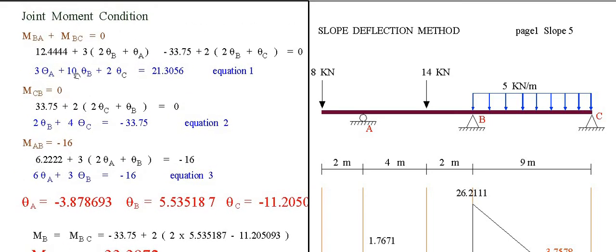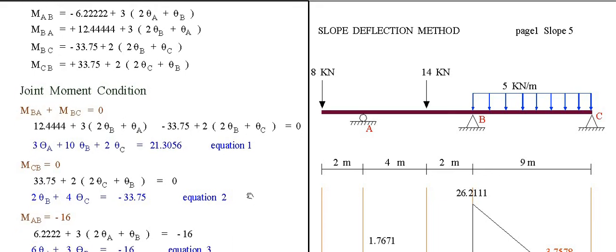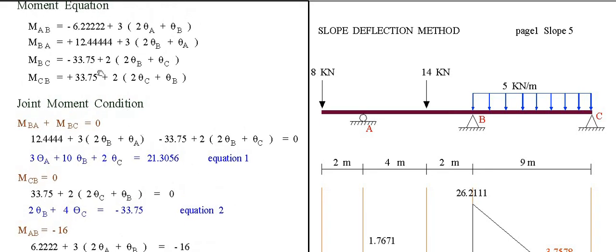Then if we solve for BA and BC, and substitute here, the answers to these two are equal but opposite in sign, BA and BC.